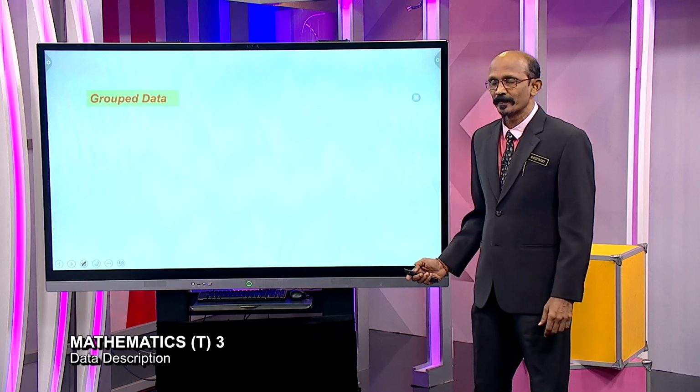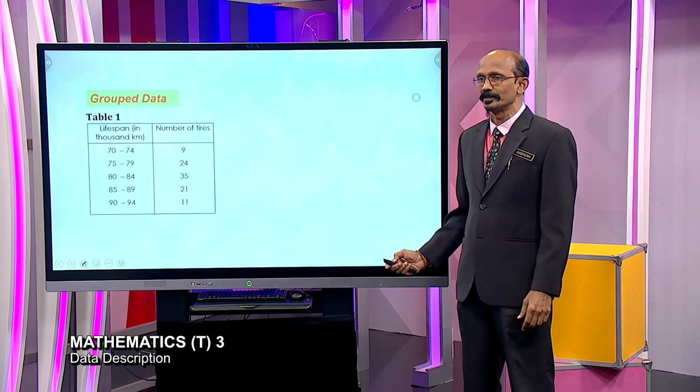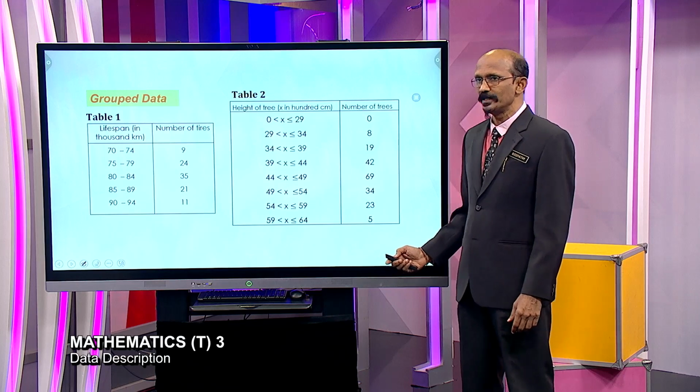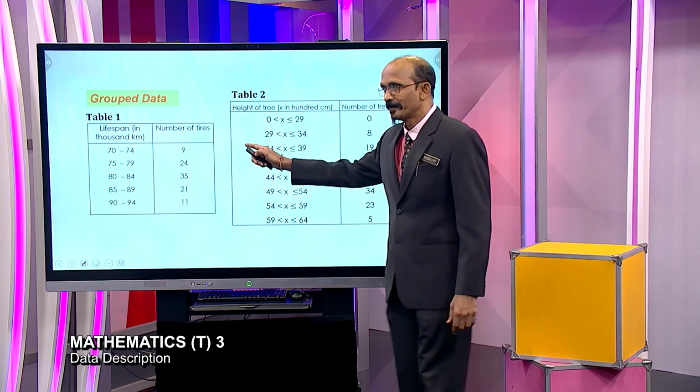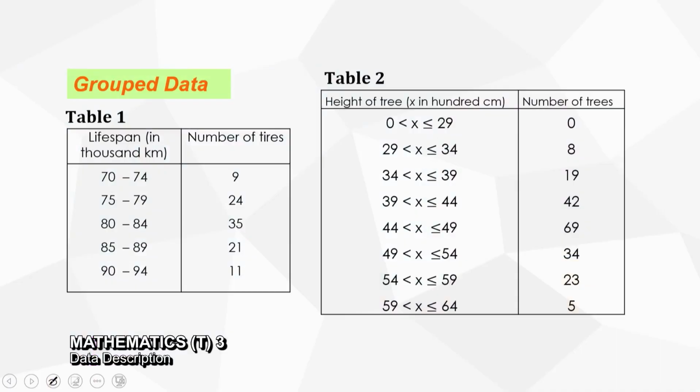Now for grouped data, the major mistake found among students. If you notice here in table 1, from 74 to 75 there is a gap, whereas for the other table there is no gap.